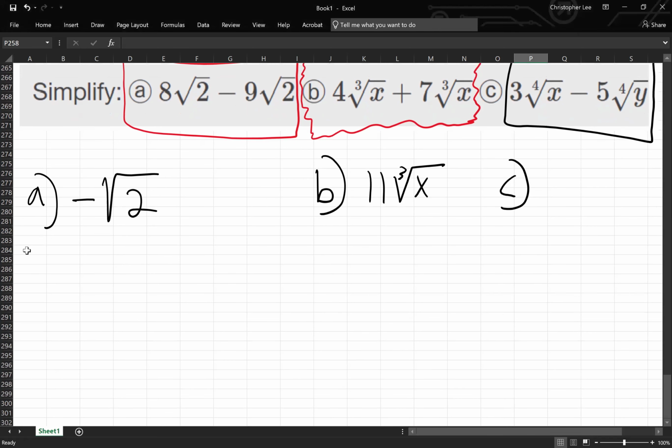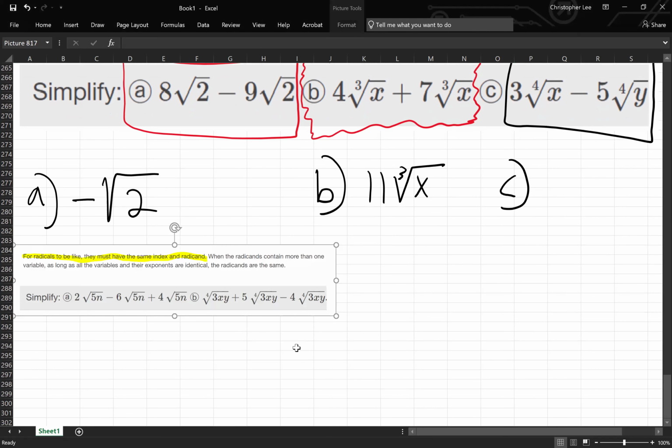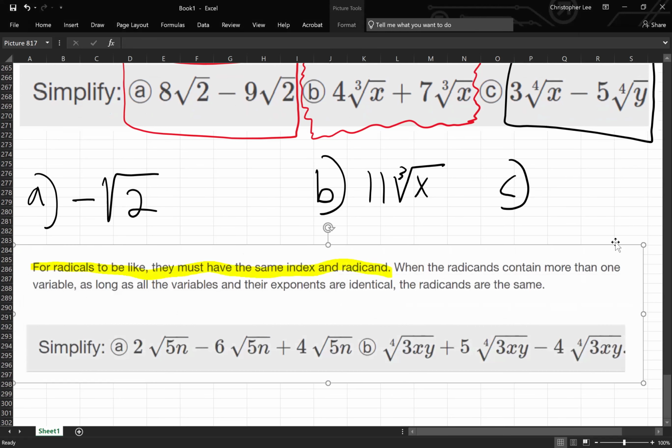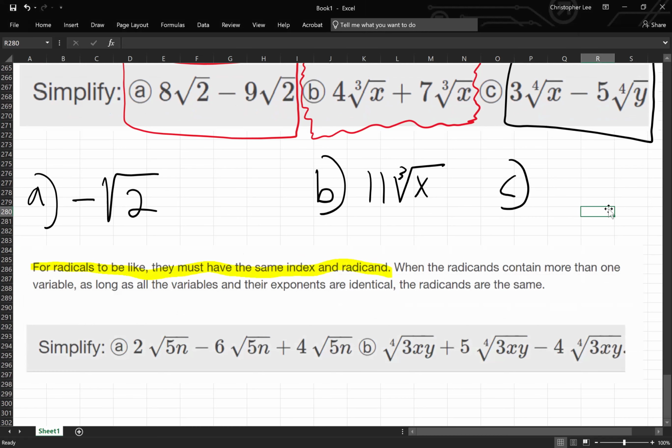All right, real quick. New example. So for radicals to be like, they must have the same index and radicand. The index is the root: square root, cube root, fourth root, fifth root, etc. Radicand is what's underneath the radical.